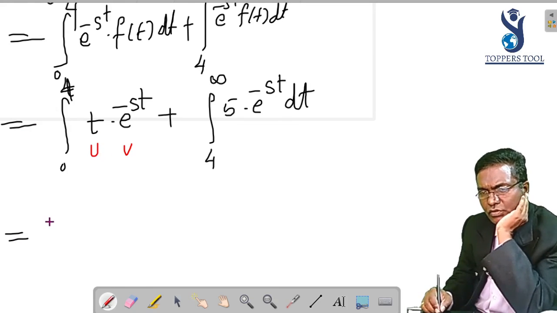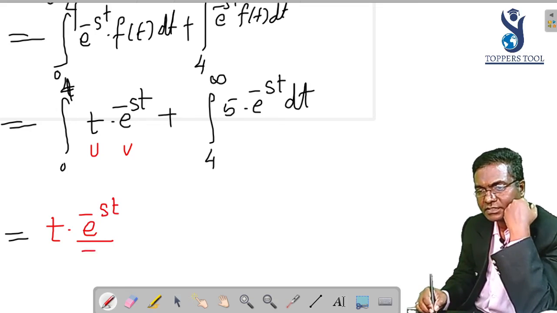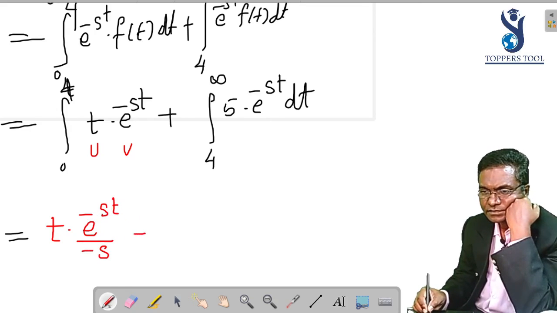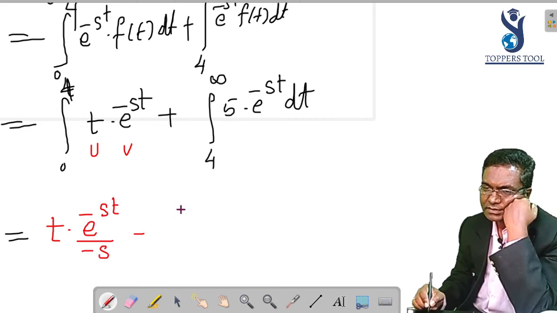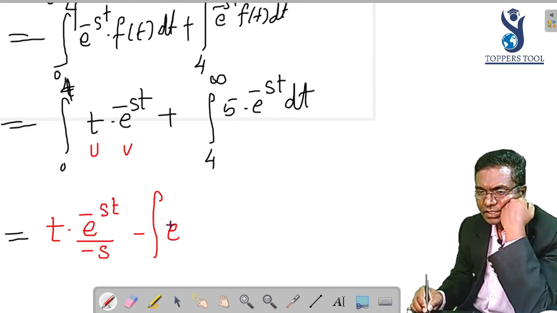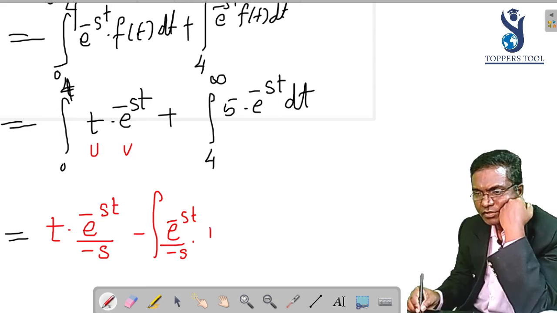So as you all know, first function, integration of second: integration of e power minus st is e power minus st by minus s. Okay, next, integration of e power minus st by minus s, that is integration of second into derivative of first. Derivative of t is 1 into dt.